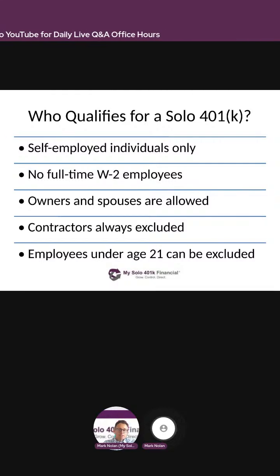Understanding the differences between these structures is important because the amount of income needed to maximize solo 401k contributions and the tax treatment of those contributions can vary significantly. So we're going to explain the key differences and how contributions work for each.